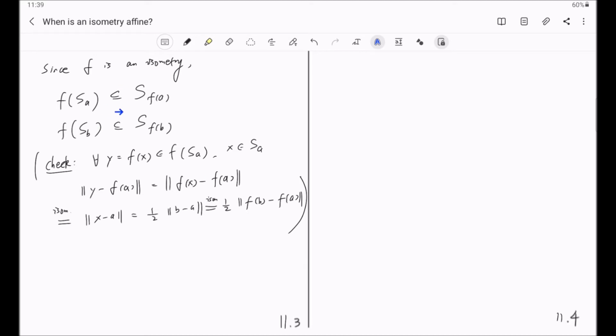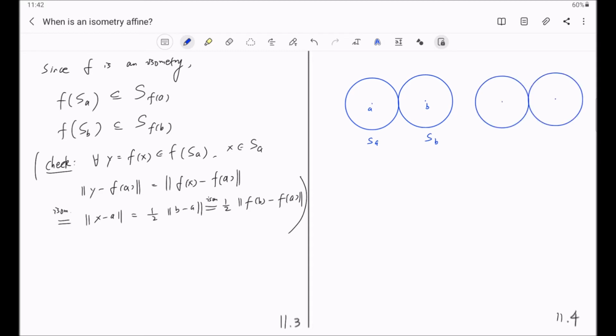So what do those two containments tell us? Let us draw a picture. Suppose the left sphere is S sub A and the right sphere is S sub B, centered at A and B respectively, which are mapped into S sub f(A) and S sub f(B) respectively by f.